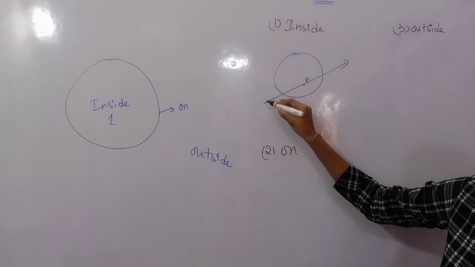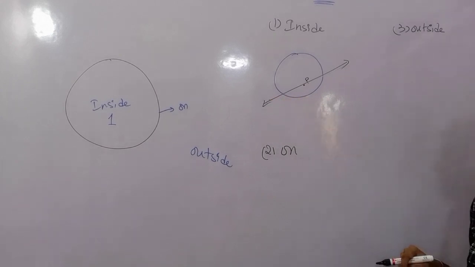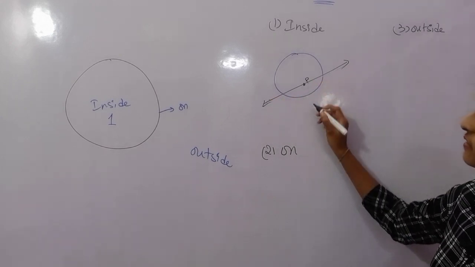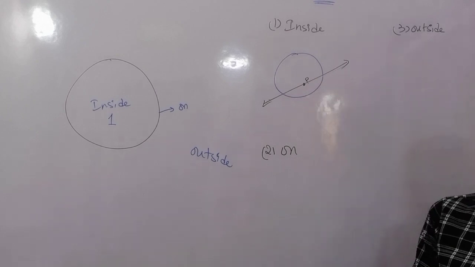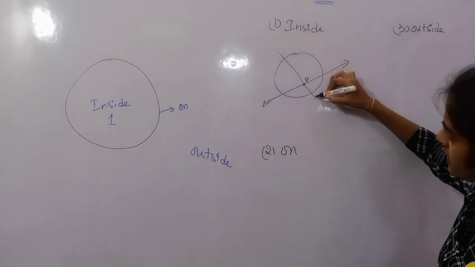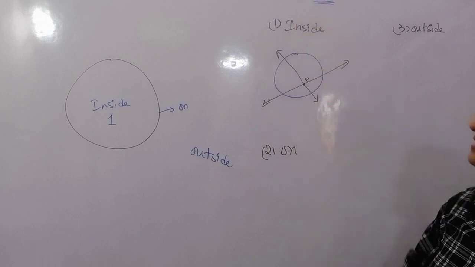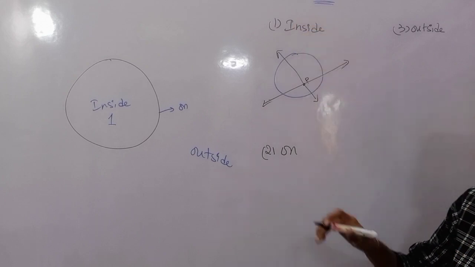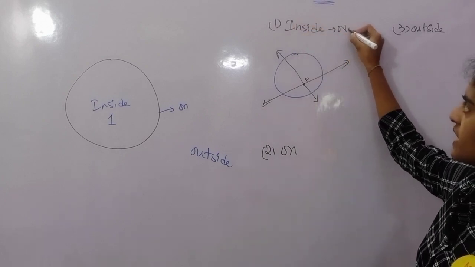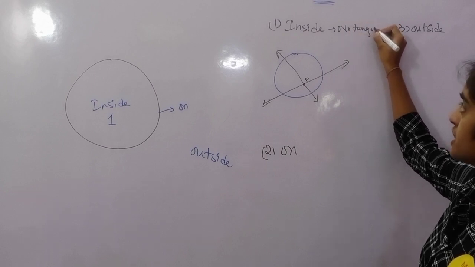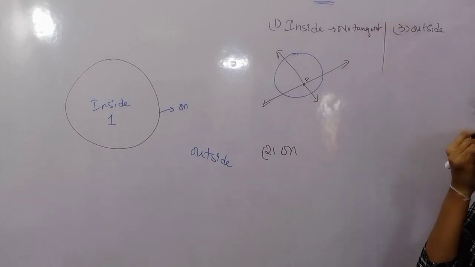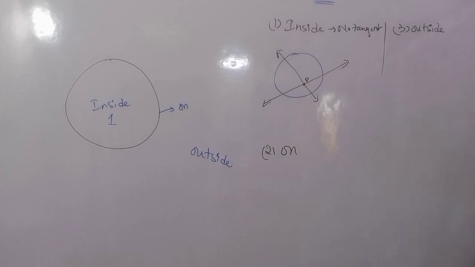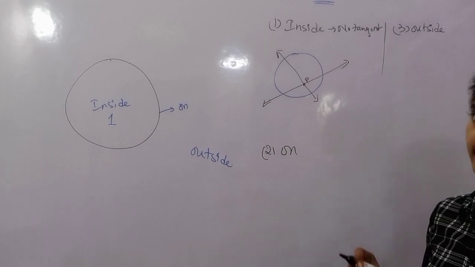If I draw any line from this point inside the circle, that line will definitely cut the circle in 2 points. You can try in any way. So the conclusion is you can draw no tangent from a point inside the circle.